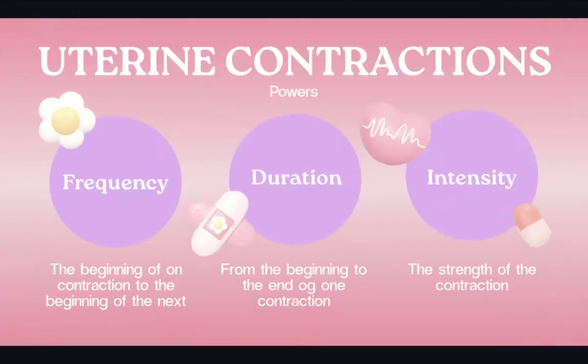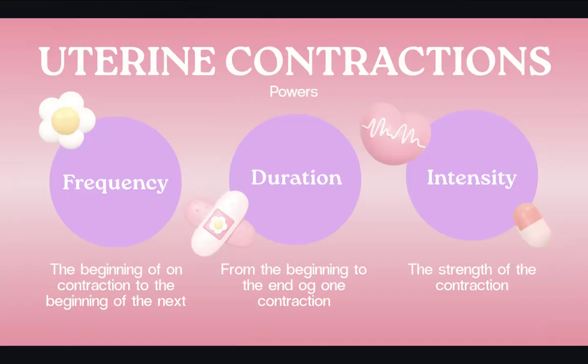So, uterine contractions. Frequency. Frequency is the time from the beginning of one contraction to the beginning of the next contraction. Duration is how long a contraction lasts, from the very beginning of one contraction to the end of that contraction.